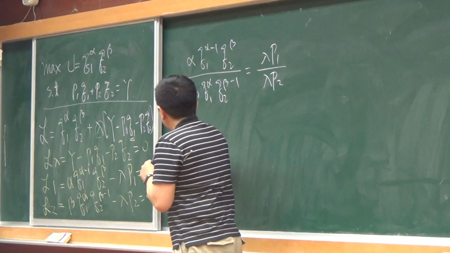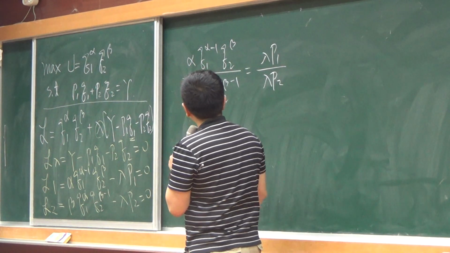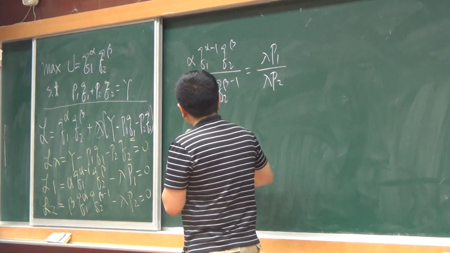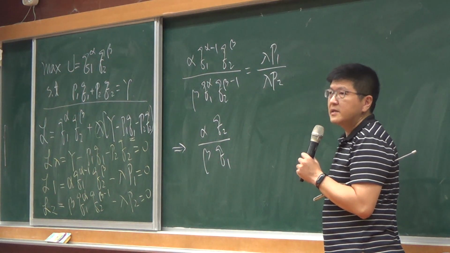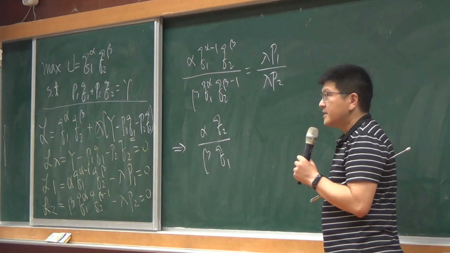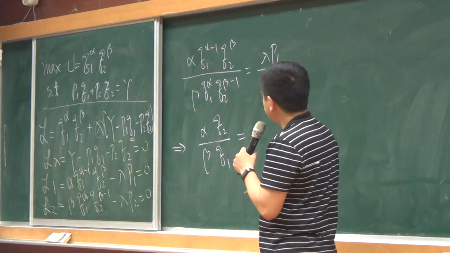And we may rearrange this to be alpha over beta, and we have Q2 and Q1 here, right? After some manipulation. Is that clear? And lambda will be cancelled out.